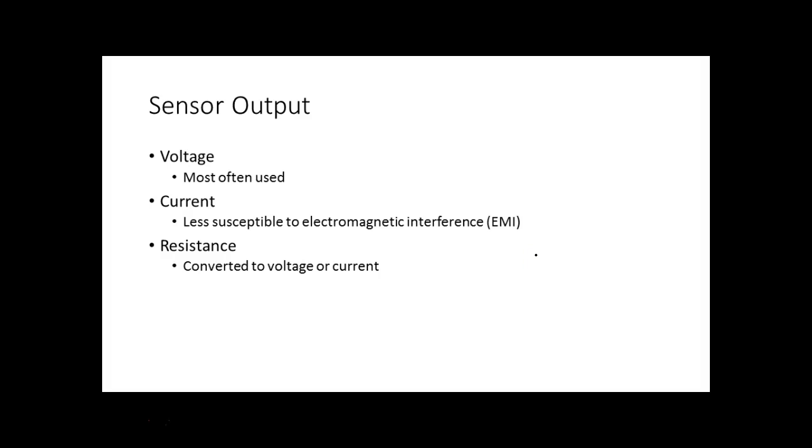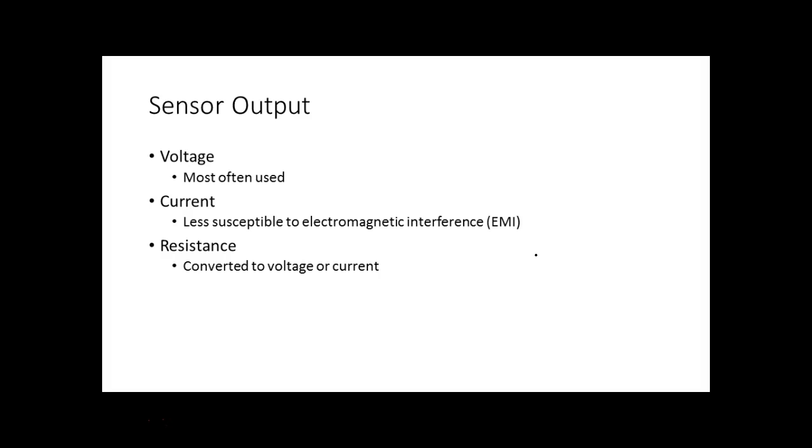So sensor outputs, what's the most often used? Current, which was used a lot originally in controls. The advantage we have with current is that electromagnetic interference, EMI, has a hard time creating a current. It can create a voltage, but it can't create a current. That makes sense?